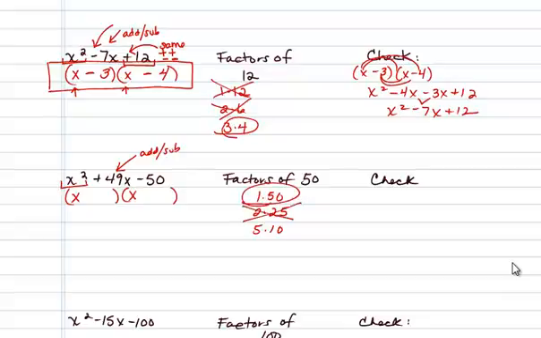This does not make a 49 by adding and subtracting, neither does that. With 1 and 50, I need to get a negative 50. That means the signs have to be different. The bigger one is positive. And then I go over here and check.